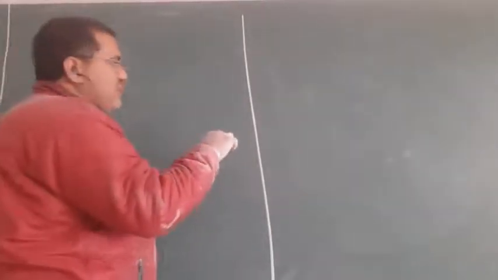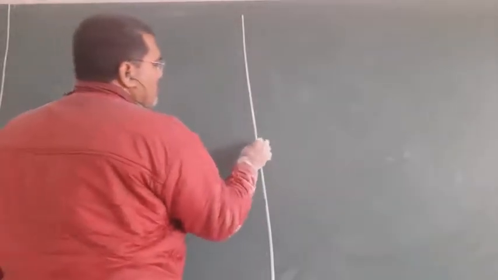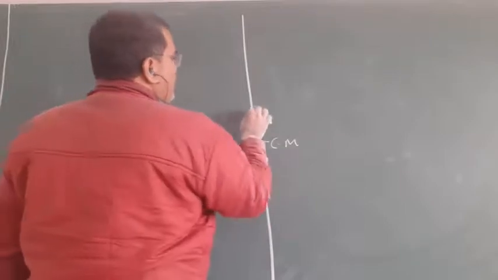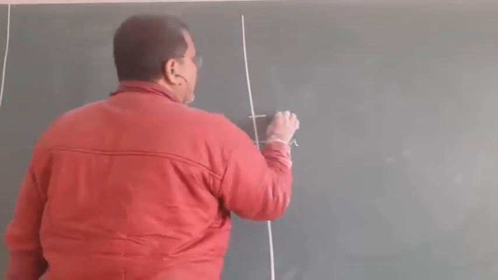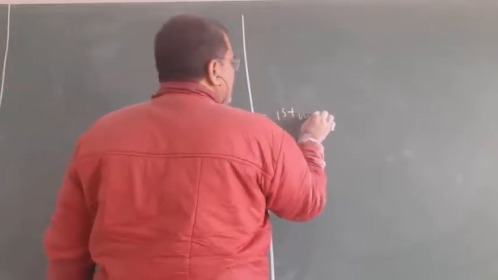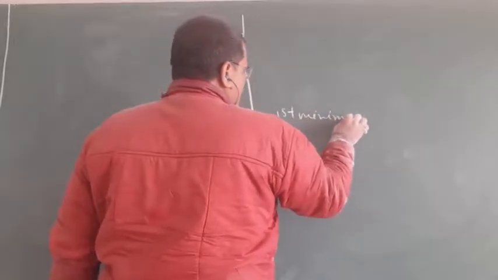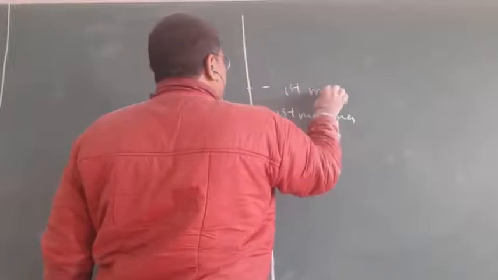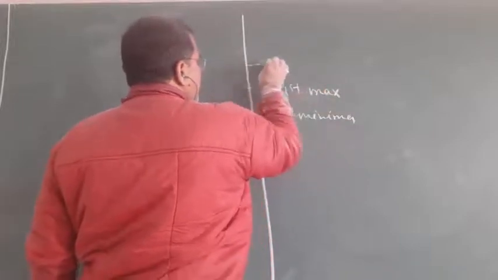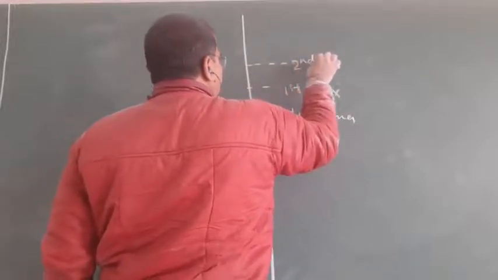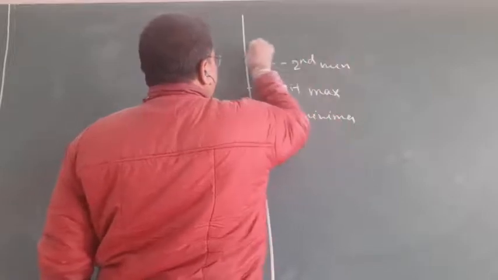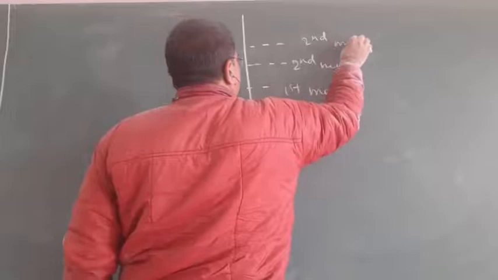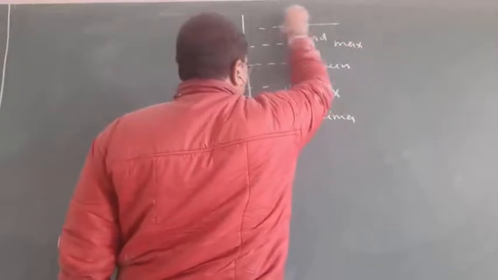This is the central maximum. After that we get the first minimum, then the first secondary maximum, then the second minimum, then the secondary maximum, and so on.